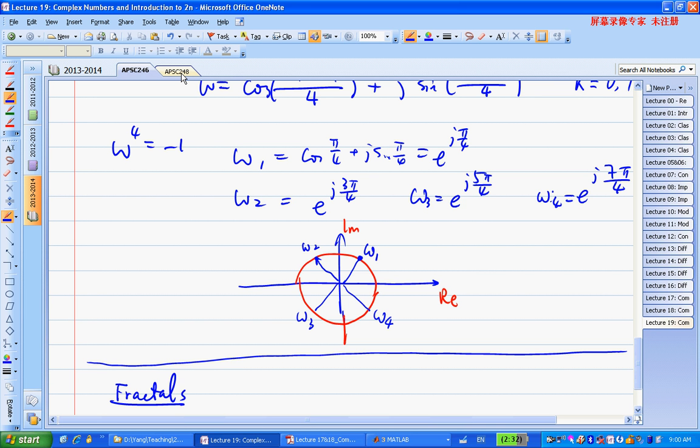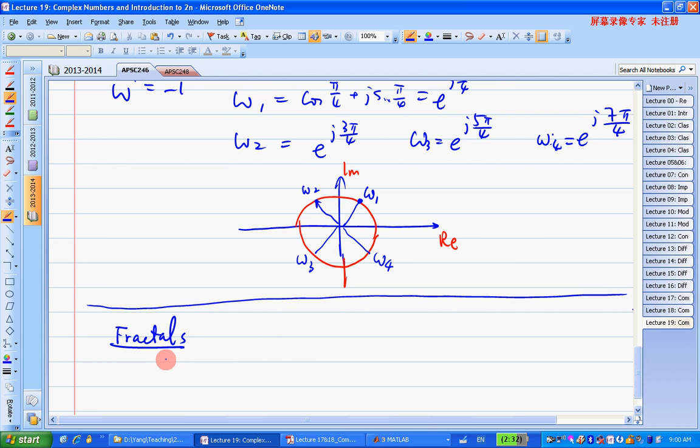A gyroscopic sensor used to be this big, and now they shrink it down to micrometer scales. That's self-similar patterns, essentially the concept of fractals.